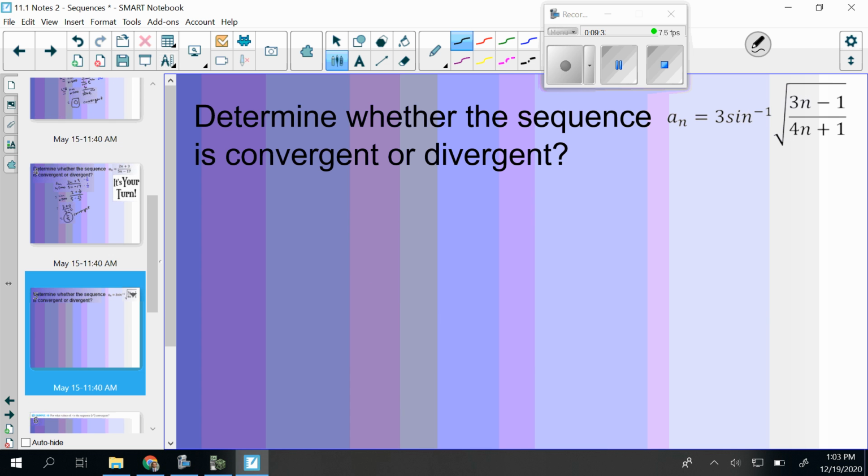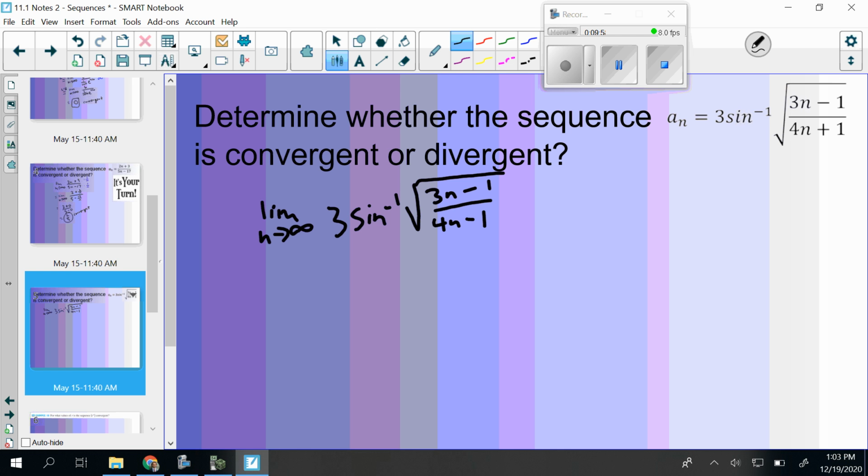All right, next one, determine whether this one is, again, convergent or divergent. We want to do the limit of this. So what is the limit here as n goes to infinity of 3 times the inverse sine of the square root of 3n minus 1 over 4n minus 1?